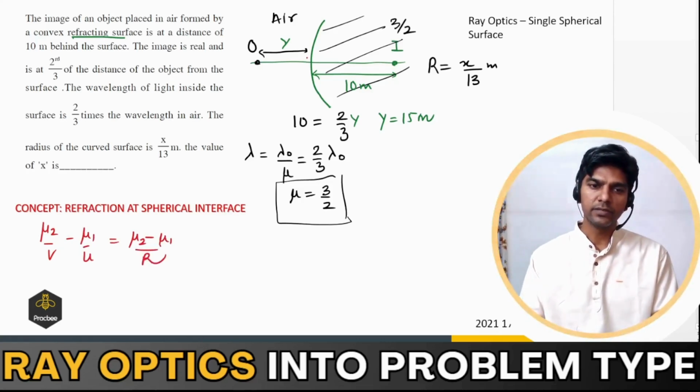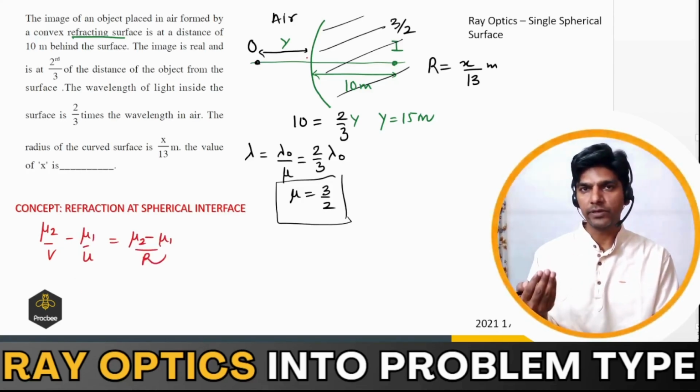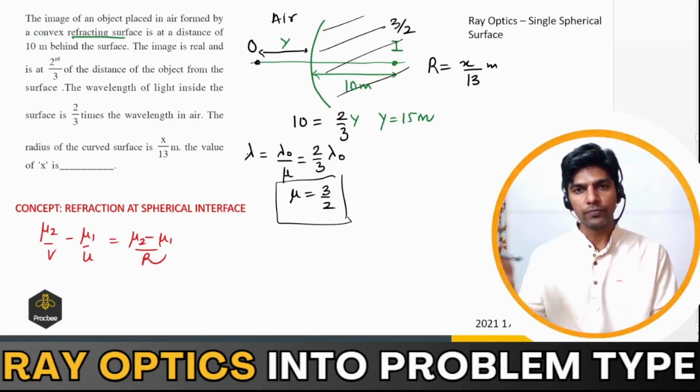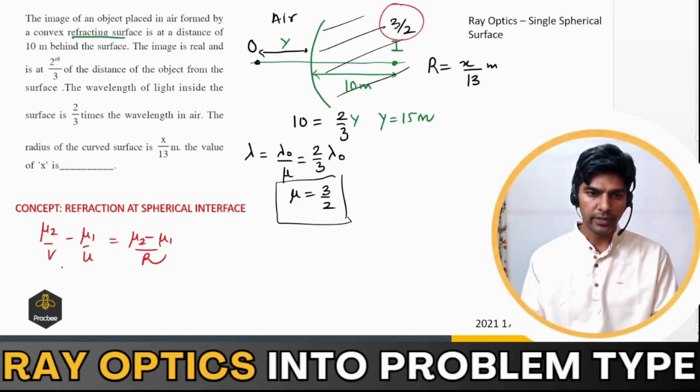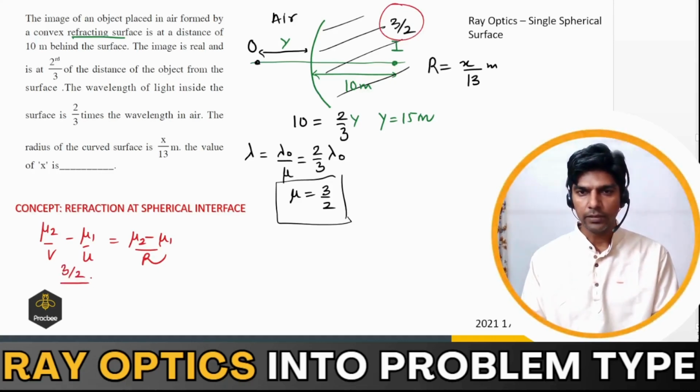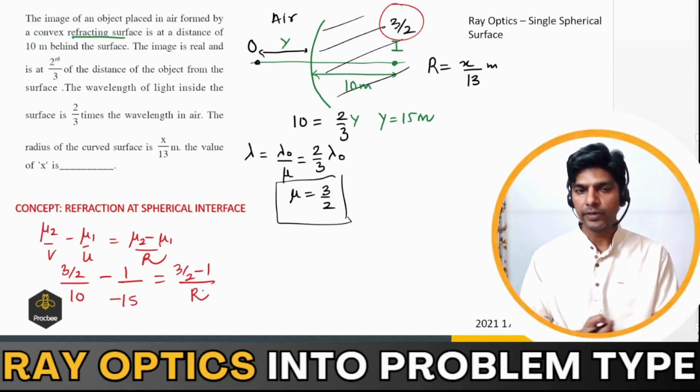Now in this case, mu2 is the refractive index of the medium of refraction. So rays going from air to the medium, refractive index is 3 by 2. So mu2 is 3 by 2 and v is 10, minus mu1 is 1 and u will be minus 15. And mu2 minus mu1 will be 3 by 2 minus 1 and the radius of curvature, let us take it as r and we have to find r, right?